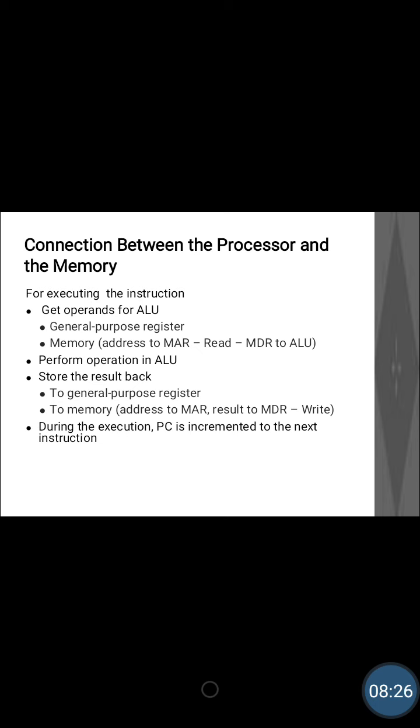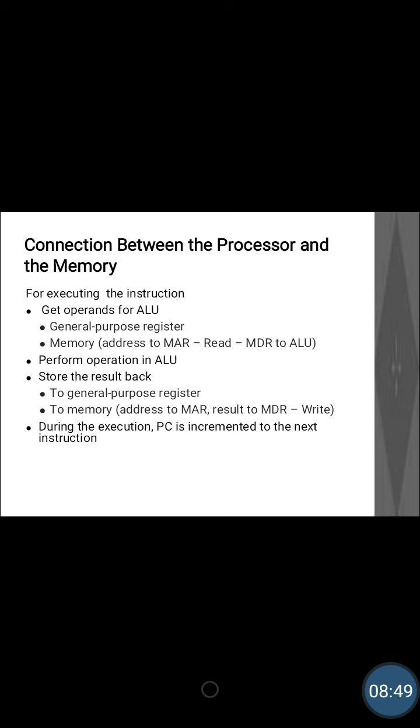Okay. Now one of the data is in MDR and the other is in R0 itself. So nothing is to be taken from R0, because it is a general purpose register. It can be directly accessed by the ALU. Now what happens? The ALU will add these two data. One it collects from MDR and one more it takes from the R0 register.